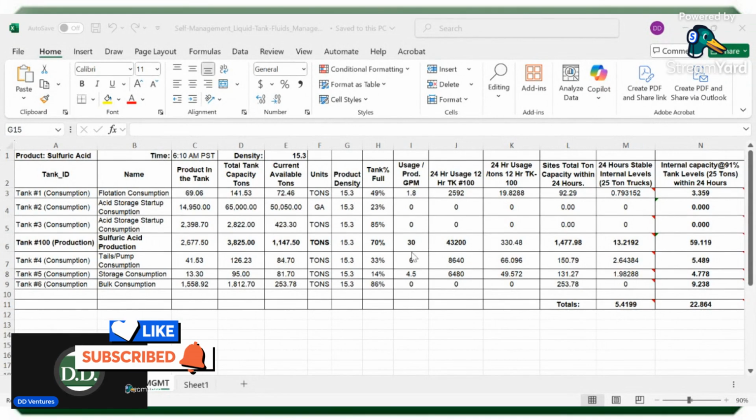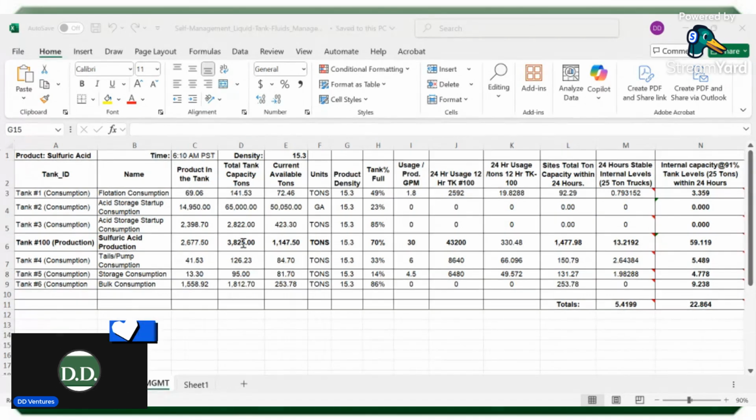Now, that gallons per minute can change. It just depends on what the site operator tells me in the morning at 6 a.m. And so this is how it is calculated. Then I go out to the truckers and I say, hey, I need you to pull X number of tons within the next 24 hours. And if you don't, then they're responsible.